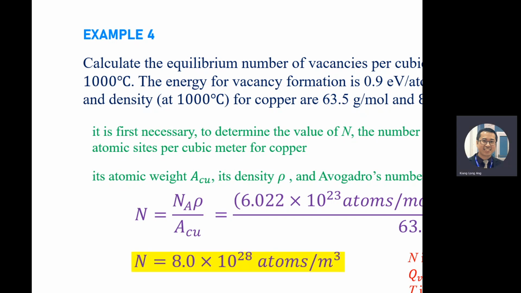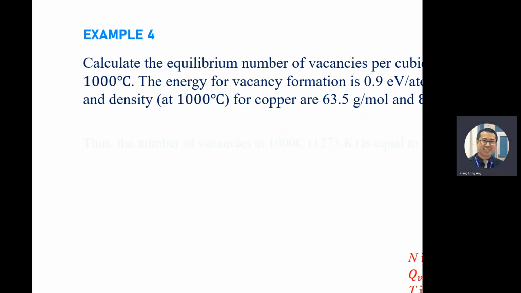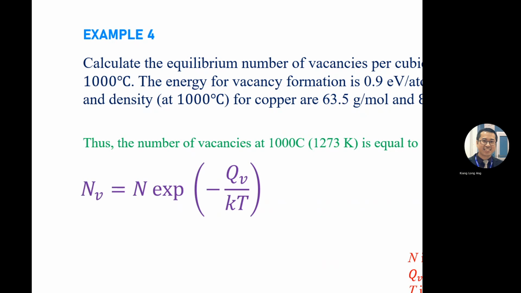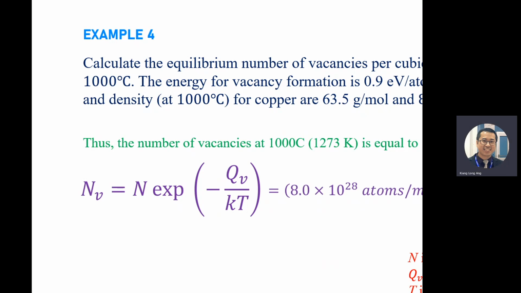Then you press the calculator, you get your n equal to 8 something atoms over meter cube. We are using meter cube. Once you find your n, you plug in the numbers. You use Nv equals N exponential of minus Qv divided by kT. You plug in all the numbers. Remember to change the temperature into Kelvin.